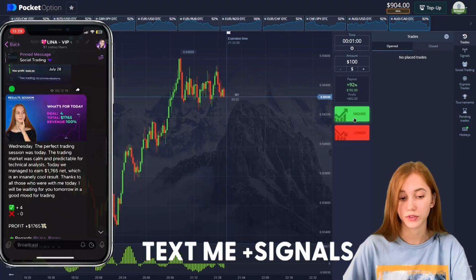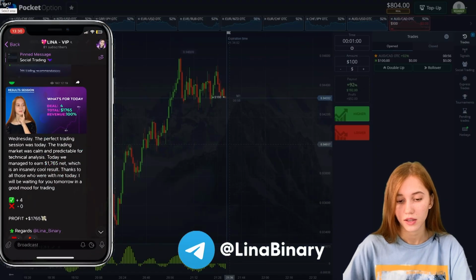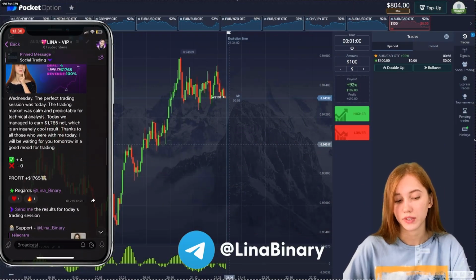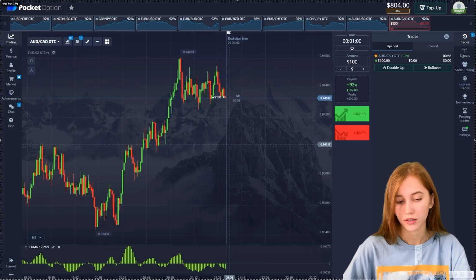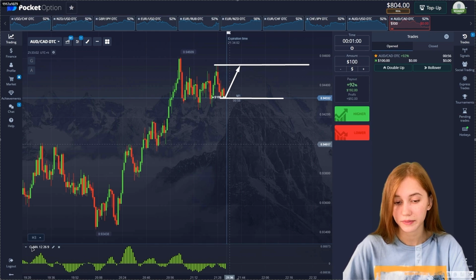I will open for an increase here. Let's start our technical analysis. The first is the period of consolidation, resistance area, support area, a rollback in the opposite direction. We see it here. The OSMA indicator predicts the decrease.